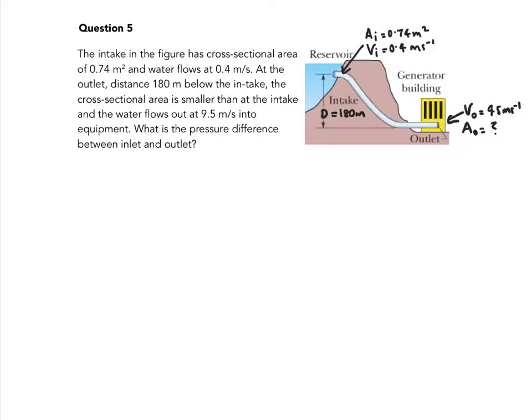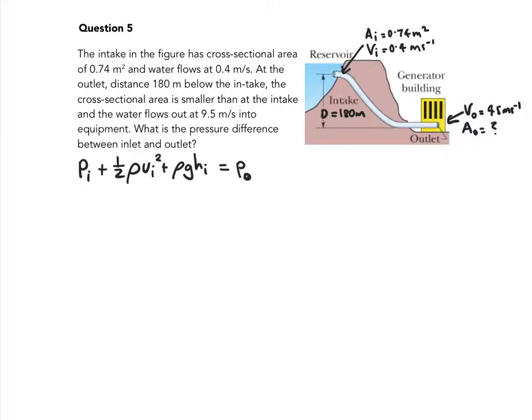Whenever I see something like this, I start thinking about Bernoulli's equation. So remember, Bernoulli's equation says pressure 1, pressure inlet in this case, plus half rho v inlet squared plus rho g h inlet equals pressure at the outlet.